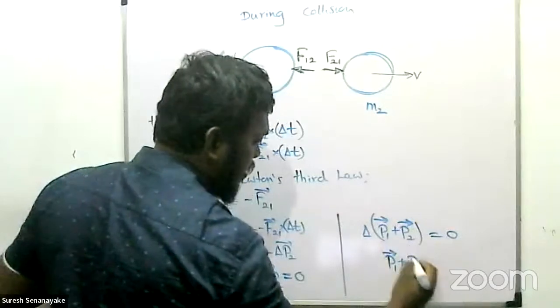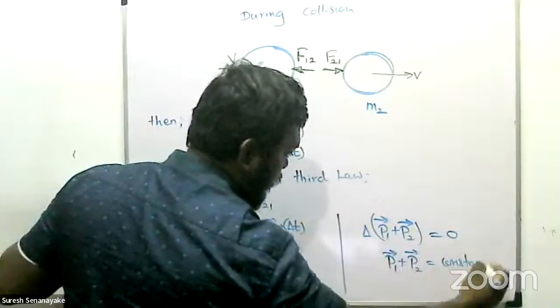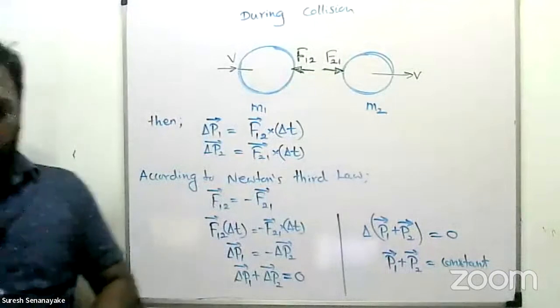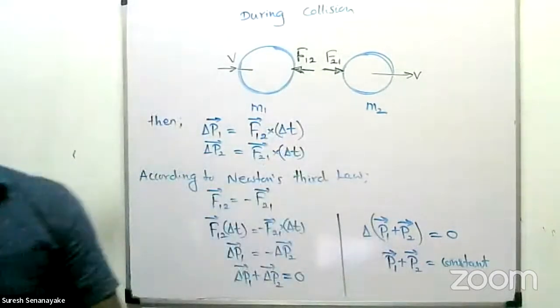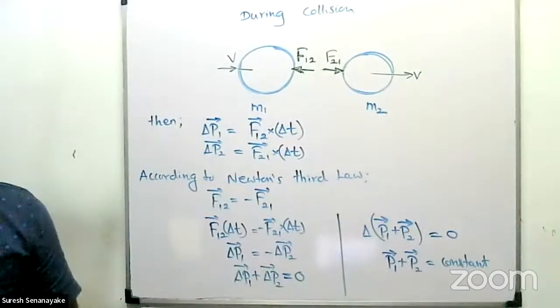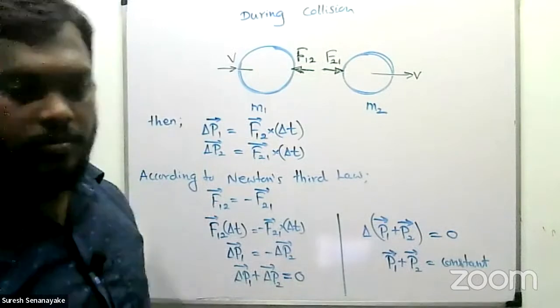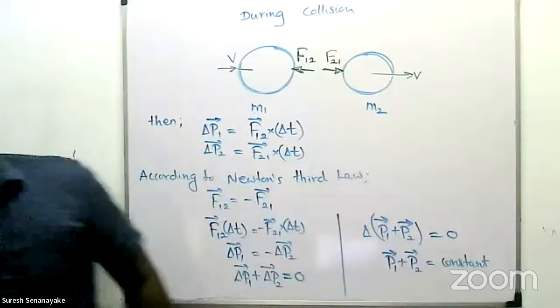That means there is no difference, so P1 plus P2 is constant. So for a collision you can apply momentum conservation, because the momentum will not change during and after the collision. After this, I will give the statement for that.